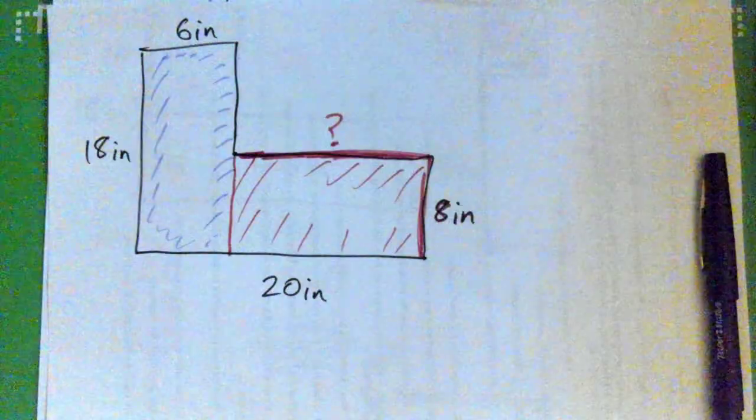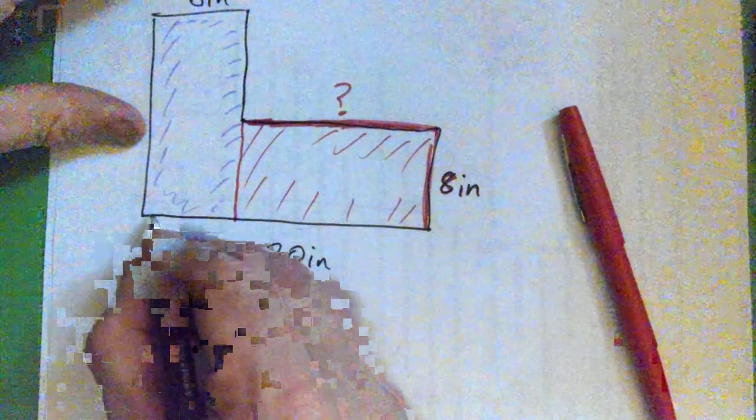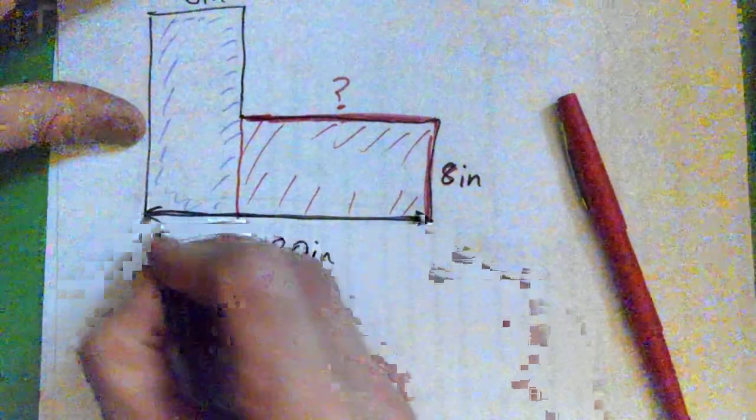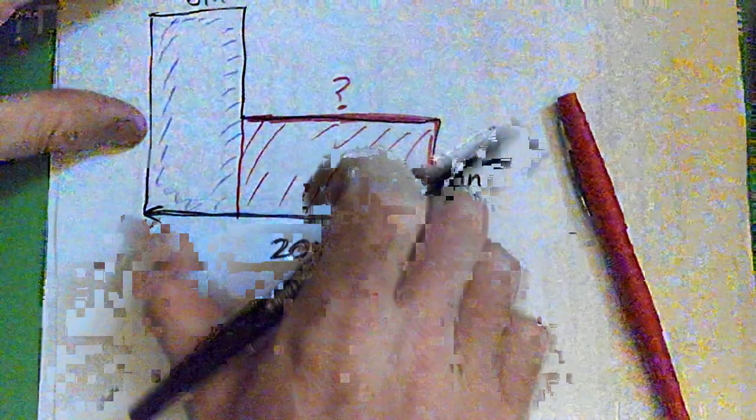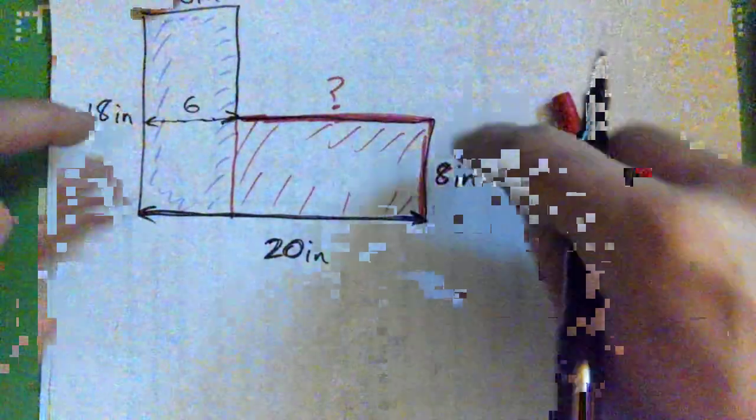Right, I hope you all pressed pause and tried it, because this distance across here is 20. This is 6, which would be the same as this distance here, because this is parallel. So if it's 20 all the way across and this is 6, then this little distance here has to be 14 inches, right?